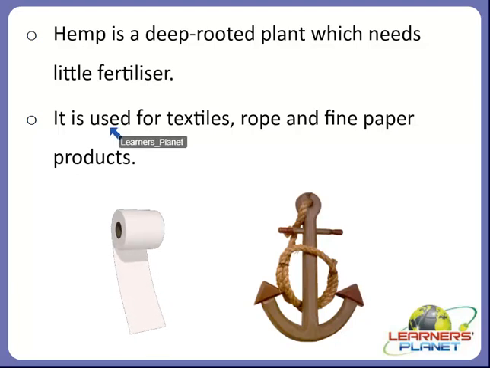It also makes extremely strong paper that does not require any harsh chemical processing to produce, and that is why it is used to make paper, and we can say that it has fine paper products.